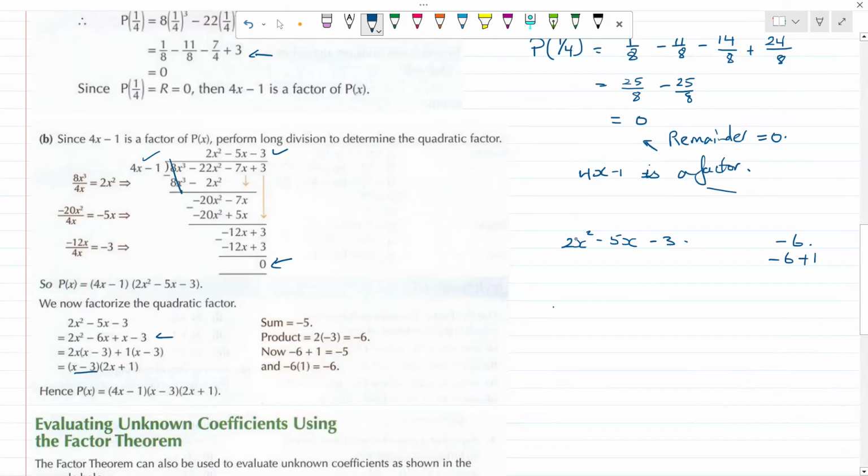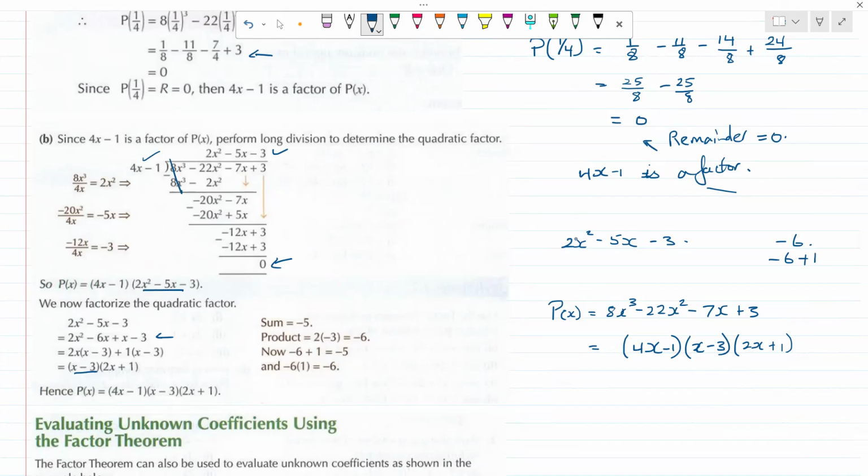So it means that all of the factors of this polynomial, 8x cubed minus 22x squared minus 7x plus 3, would be equal to that 4x minus 1, multiplied by, sorry, not plus, into x minus 3 into 2x plus 1. These two we get from the factorizing of our quadratic factor, right?